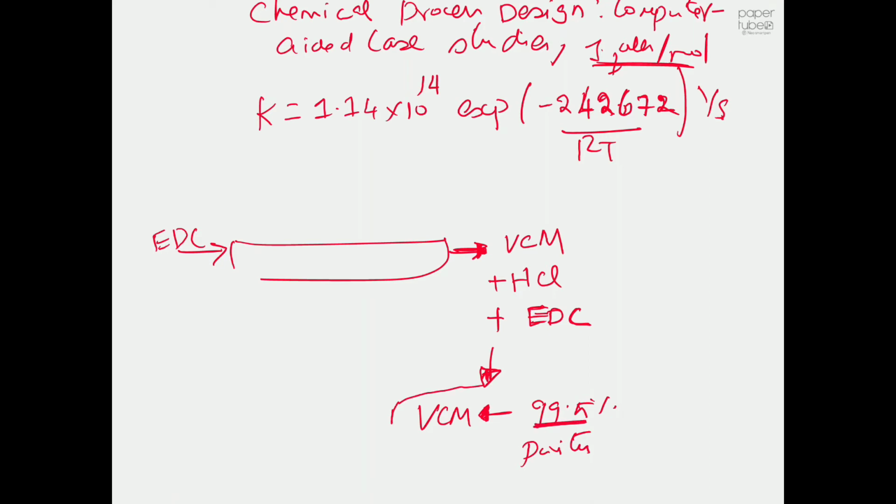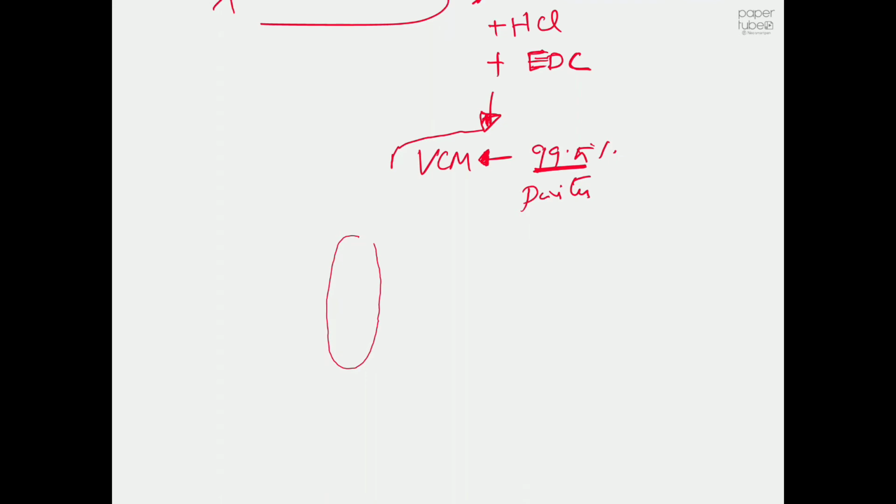We need to purify this particular stream. Obviously to purify this we may need more than 1 unit operation. In this case we are going to use distillation. This is something you need to pay attention to as a chemical engineer. Let me check my notes just to make sure we are going in the right direction.